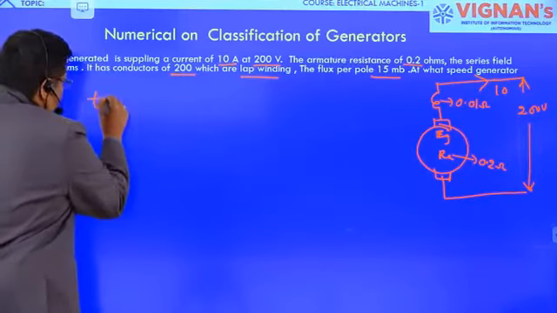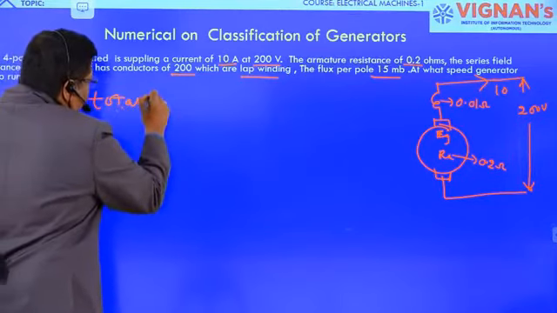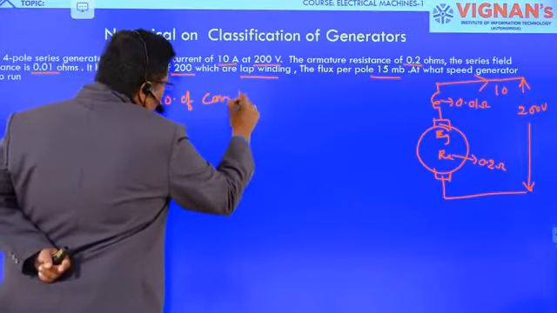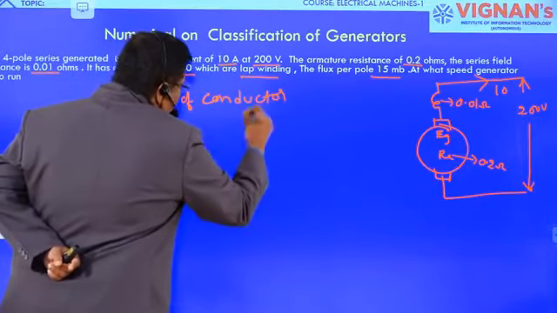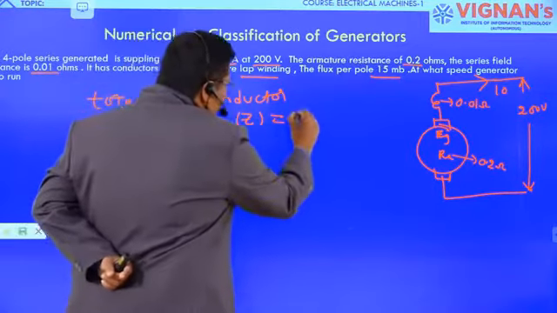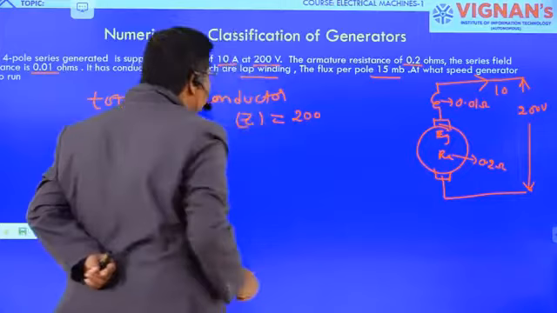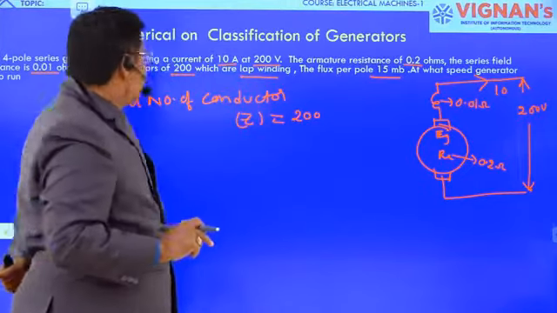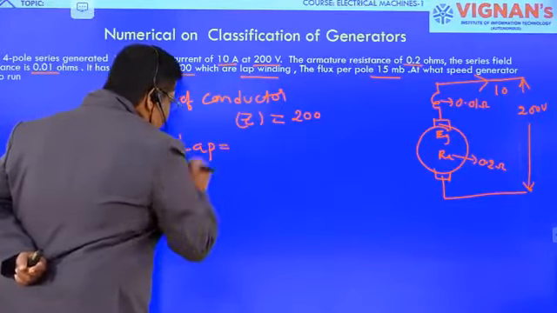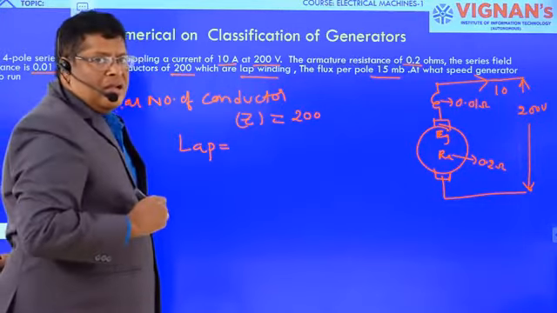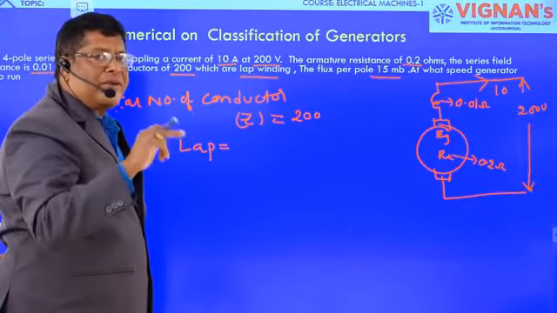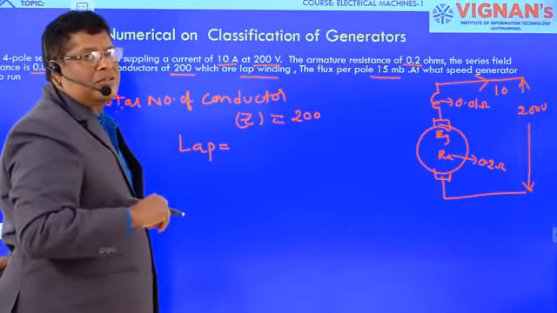The total number of conductors Z equals 200. The type of winding is given, lap winding, which indirectly gives information about the number of parallel paths.